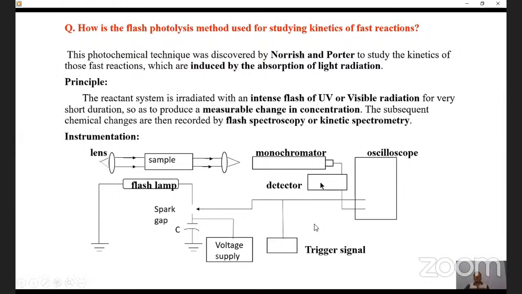Then this is a photoelectric detector to convert the light radiation into electrical signals. Then this is the oscilloscope, and then this is a flash lamp, voltage supply and trigger signals. These are the components of the flash photolysis instrumentation.